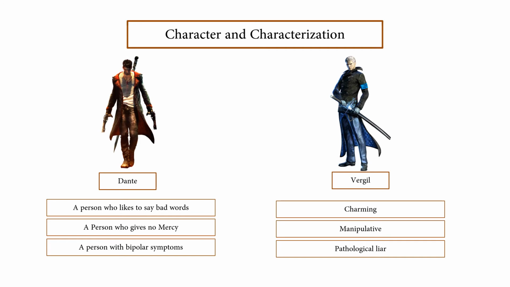On the one hand, Dante was described as a person who likes to say bad words, gives no mercy, and even shows bipolar symptoms. On the other hand, Virgil was always shown to be a charming person, very good with words, sometimes with the tendency to manipulate others, always telling people what they want to hear, and this leads to a pathological liar.